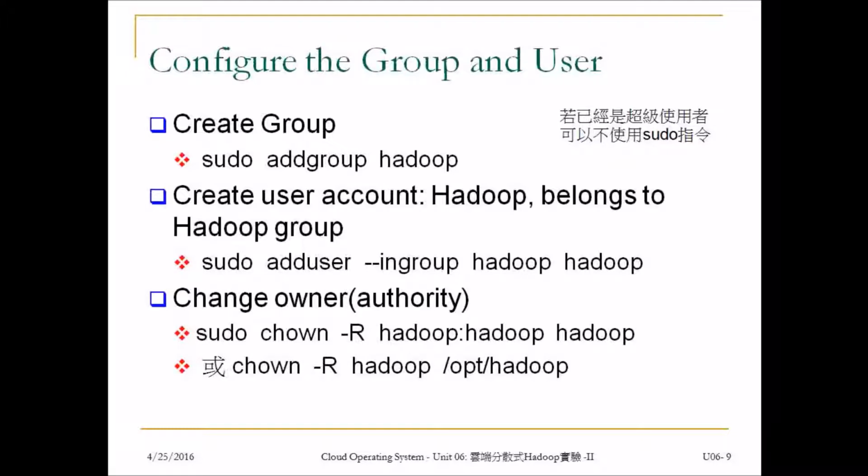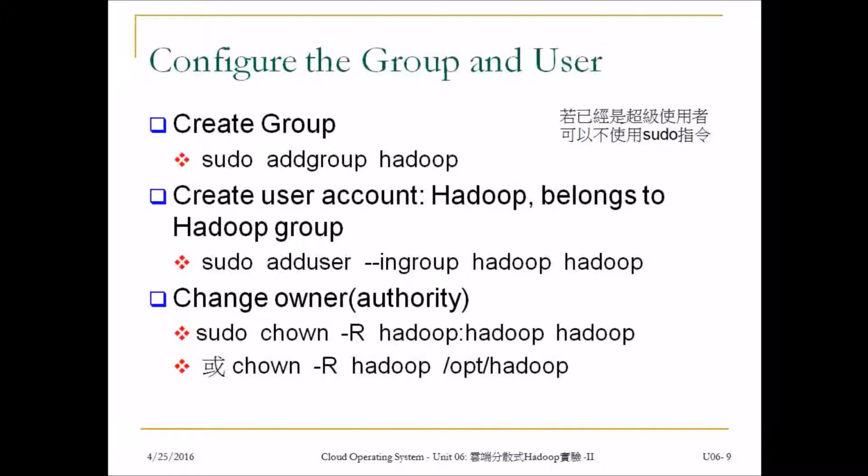Of course, we cannot provide the account administrator to the client user, so we need to configure the group and the user account. First, we will create a group for the Hadoop exercise. So we will need to add a group, and the group name will be hadoop. Then we will create a user account.